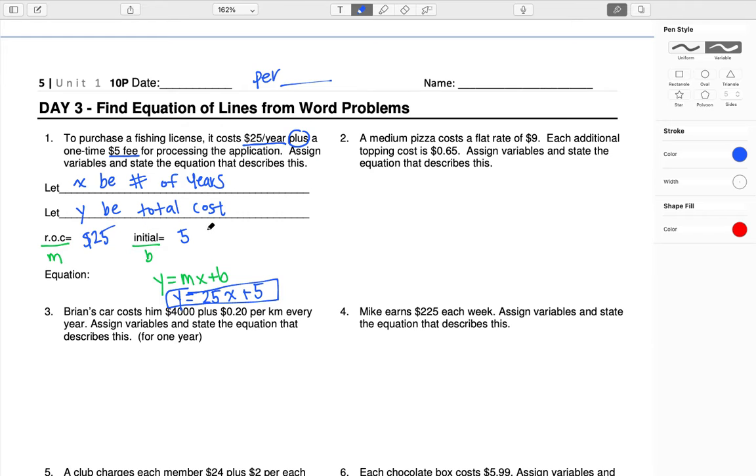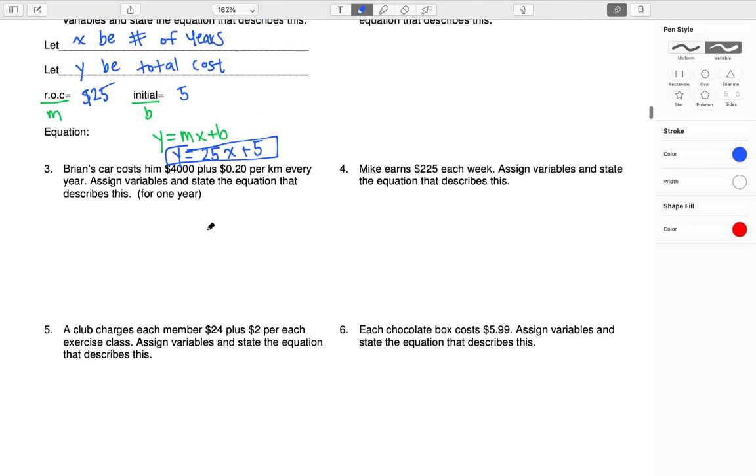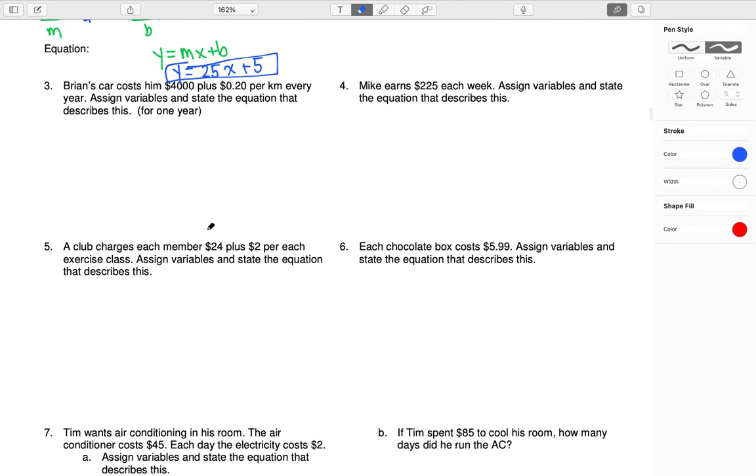Okay, let's try another one. Example 5. A club charges each member $25 plus $2 per each exercise class. Assign variables and state the equation that describes this. So it looks like it involves money, right?